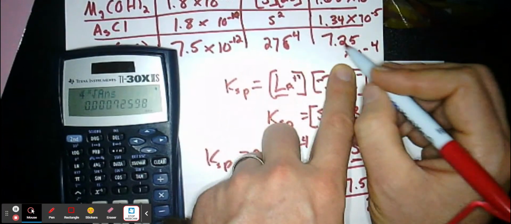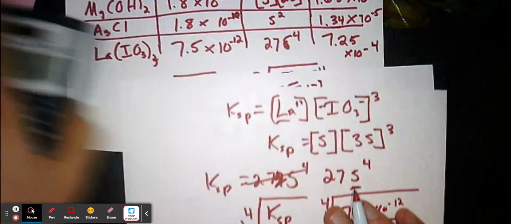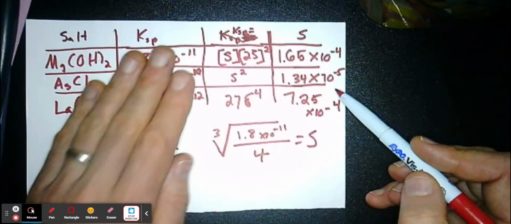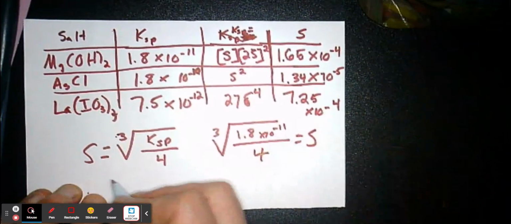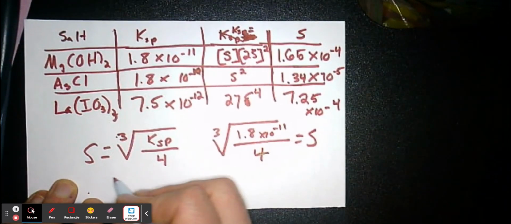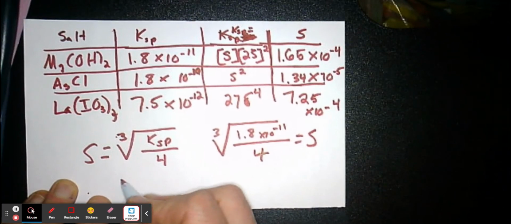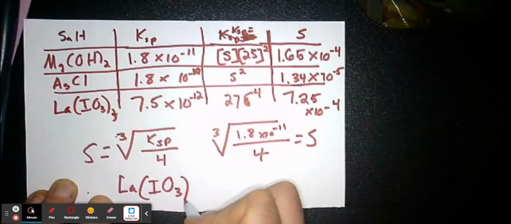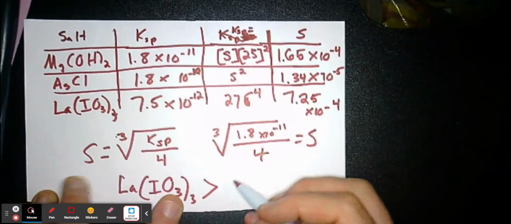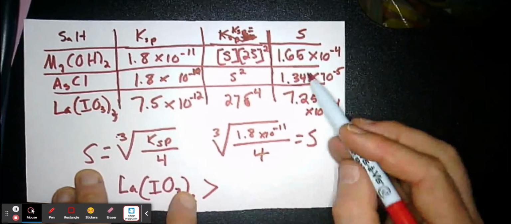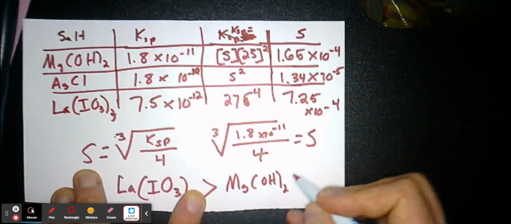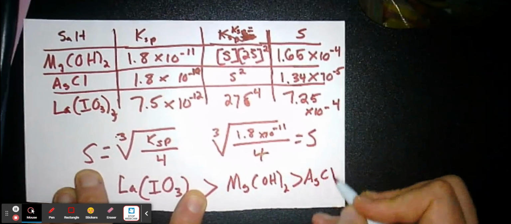Now, if I look at these three values, you'll notice that in terms of molar solubility, lanthanum iodate is more soluble than the other two. Then comes magnesium hydroxide, followed by silver chloride.